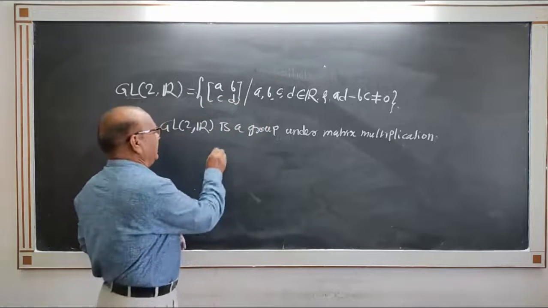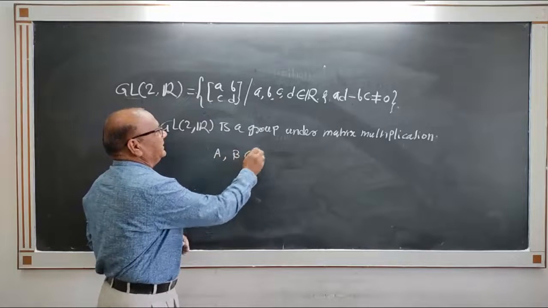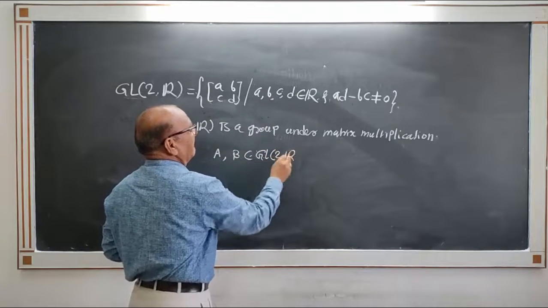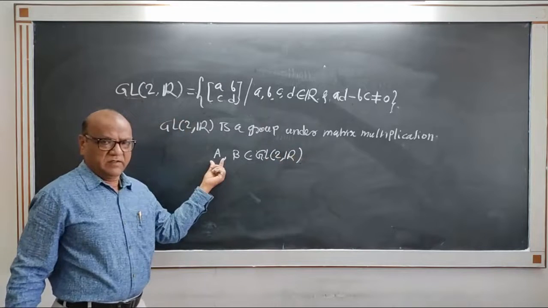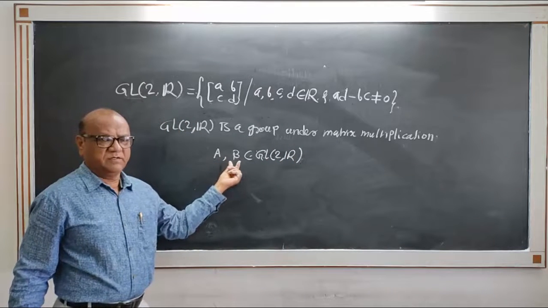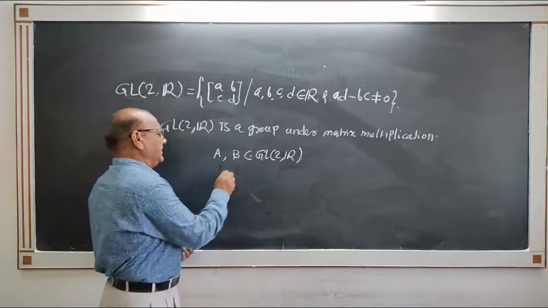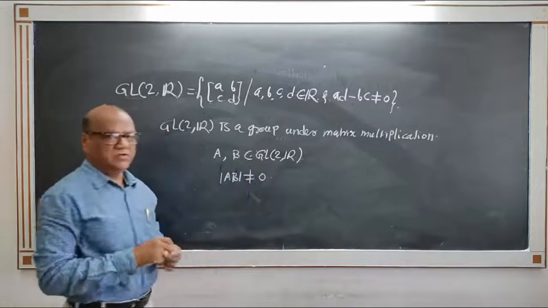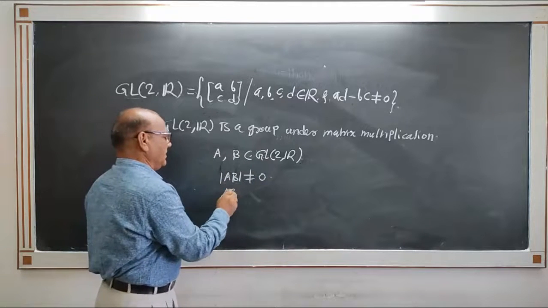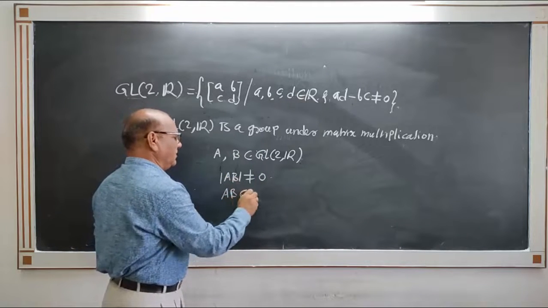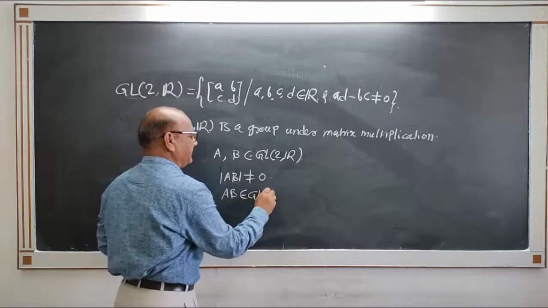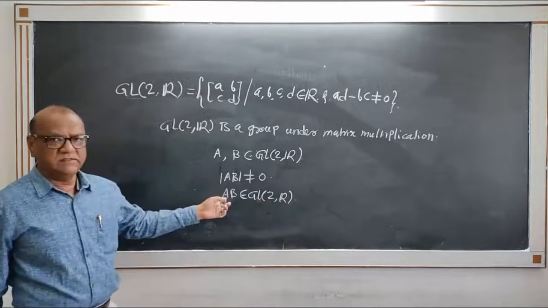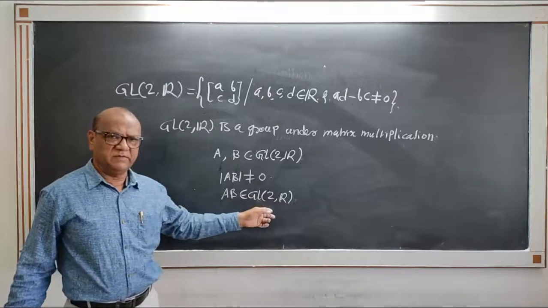If a, b belong to GLn, determinant of a is non-zero, determinant of b is non-zero, then determinant of ab is also non-zero. So ab is again of 2 by 2 order. That means the closure property is satisfied.